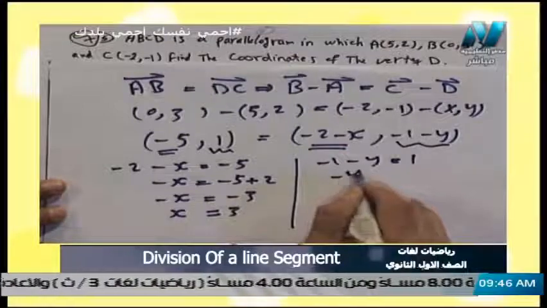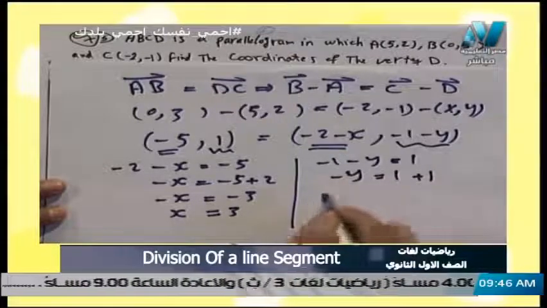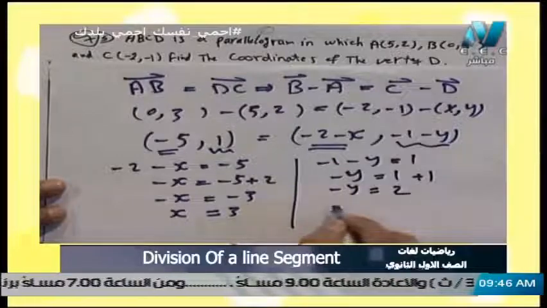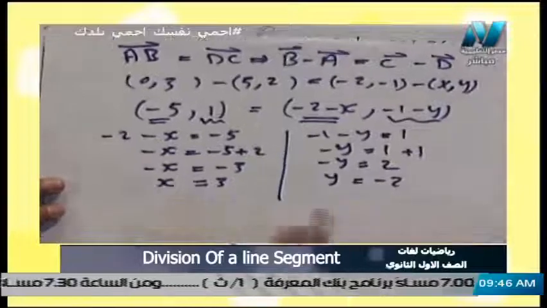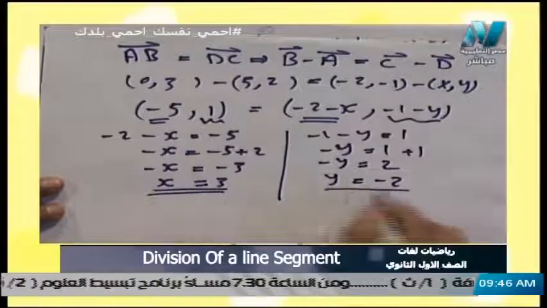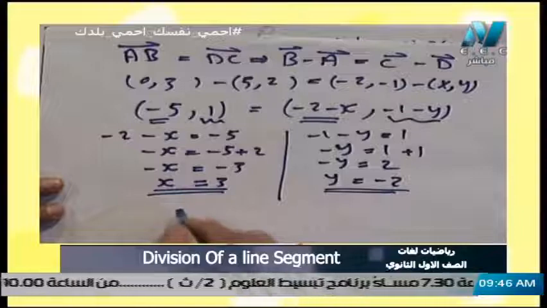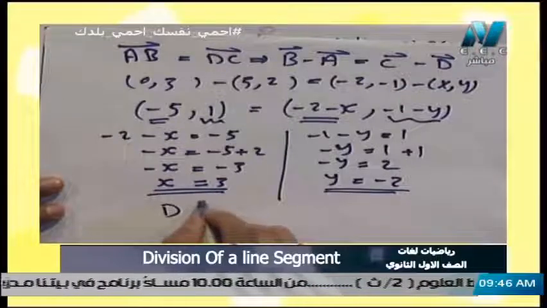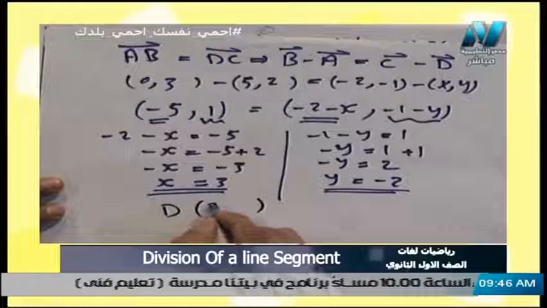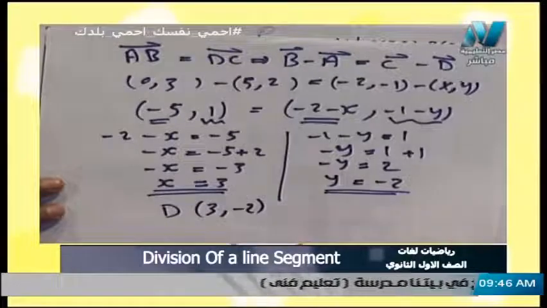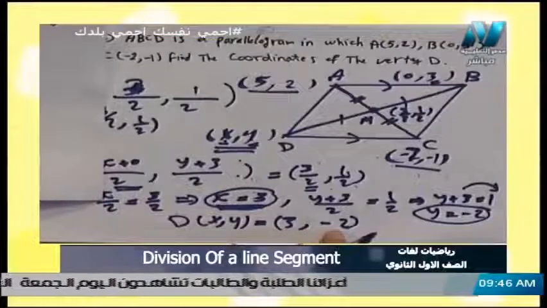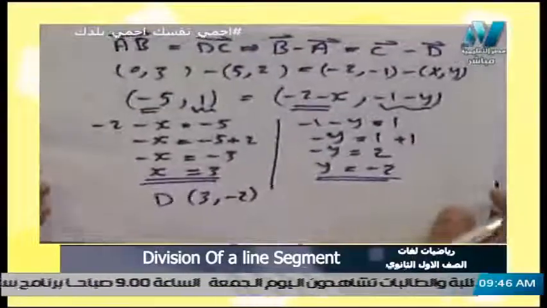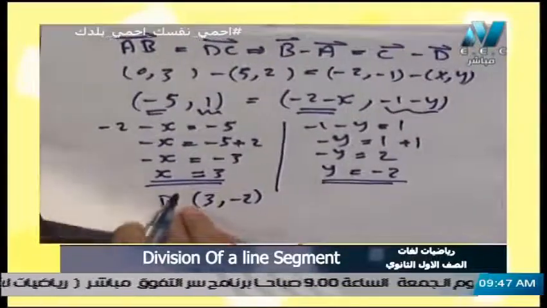So negative y equals 1 plus 1. Negative y equals 2. So y equals negative 2. And the final answer will be x equals 3 and y equals negative 2. So the point D, its coordinates will be 3 and negative 2, and we have the same answer as the last one.